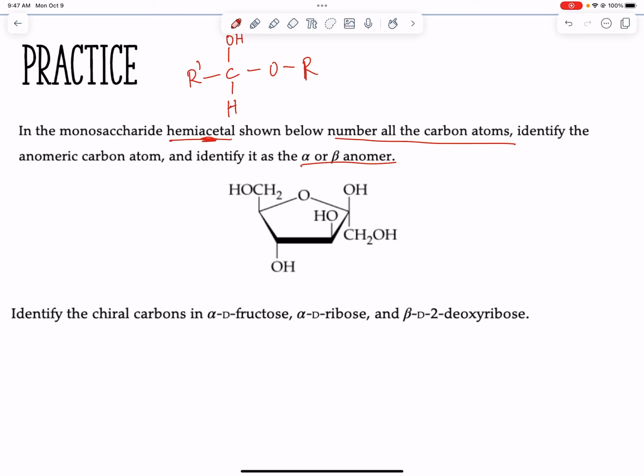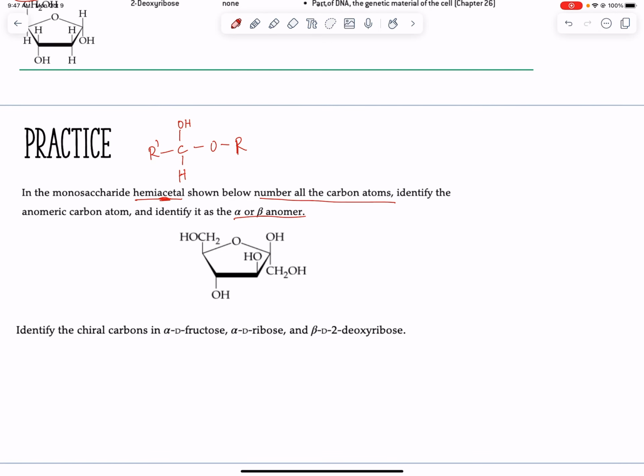This is pretty easy to do in a straight chain form. In straight chain form, remember you have all your carbons in a row, and you've turned the chain on its side. We've got 1, 2, 3, 4, 5. We would have 6 carbons here. But what we're looking at is the cyclic form. Because this is a 5-membered ring and not a 6-membered ring, that means the straight chain had a ketone group in it.